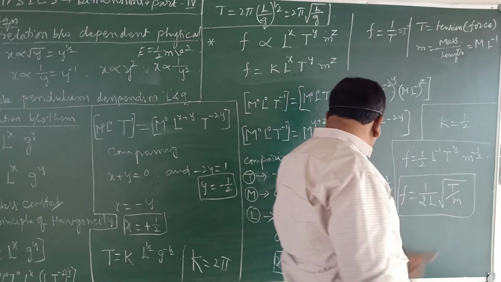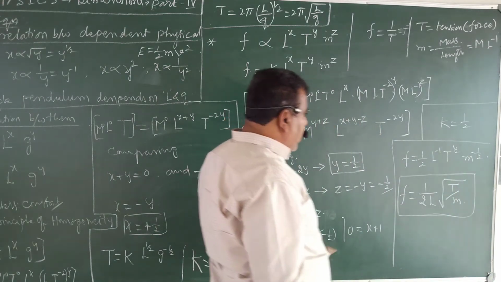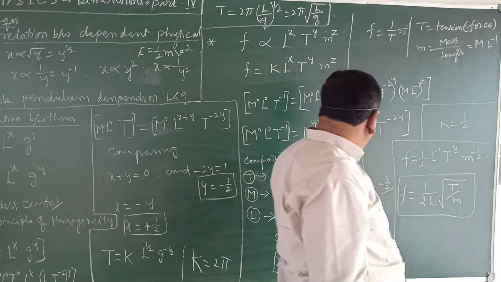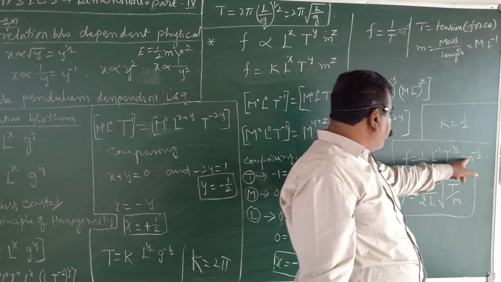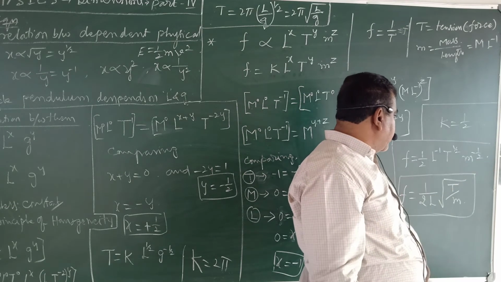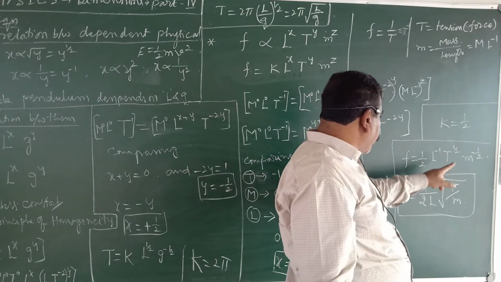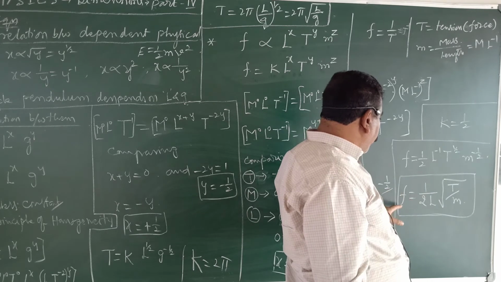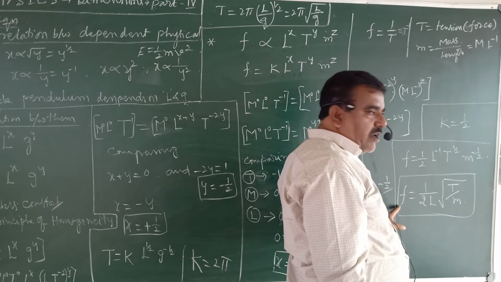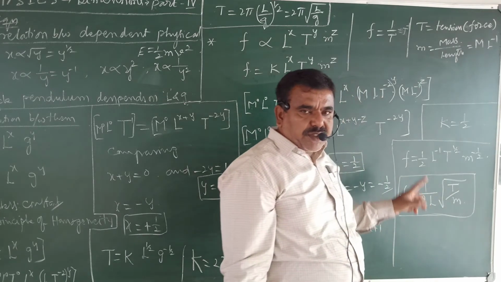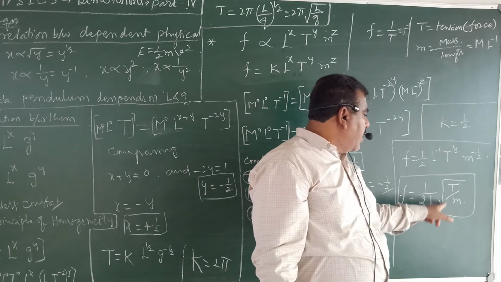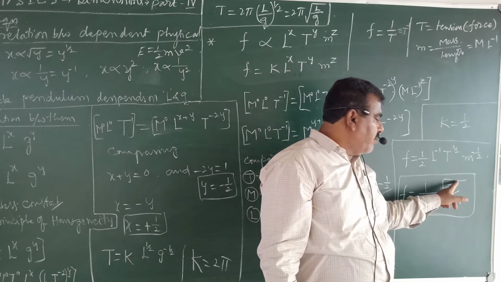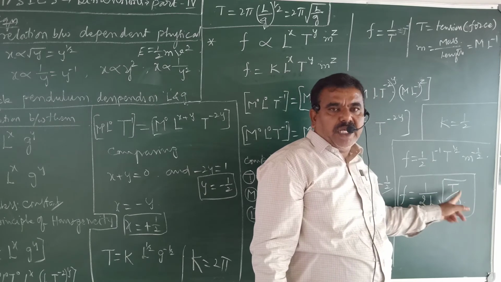Then the value of k is half, L power x is minus 1, T power y is half, m power z is minus half. If I simplify this further, the frequency of vibration of a stretched string is given by 1 by 2L into root of T by m, tension over mass per unit length.